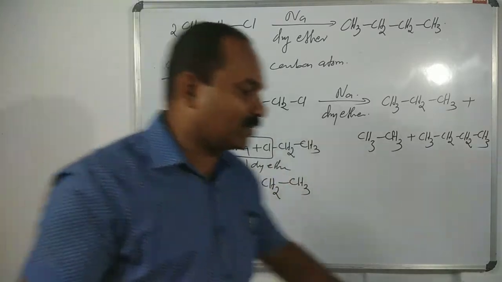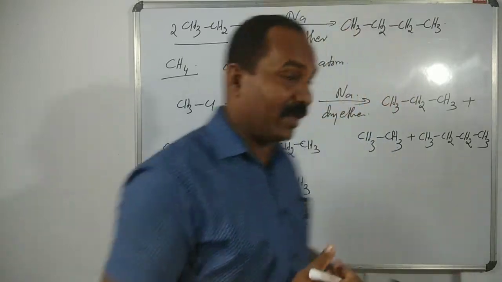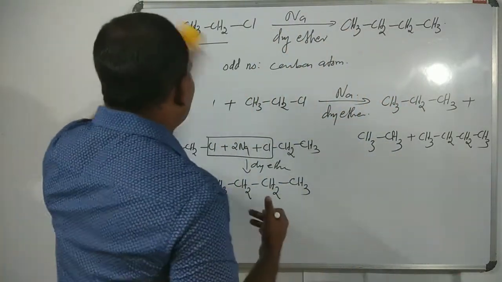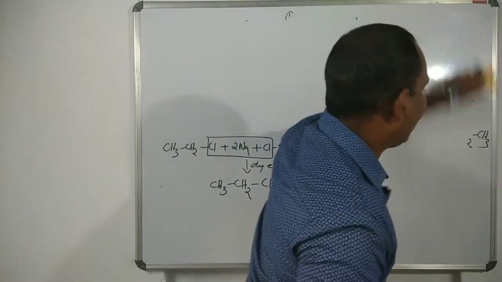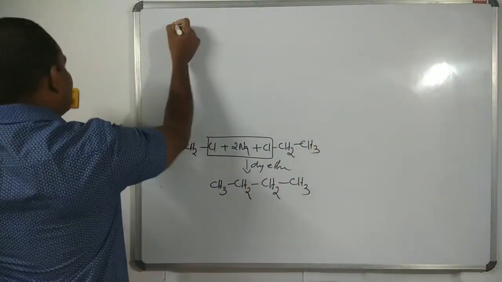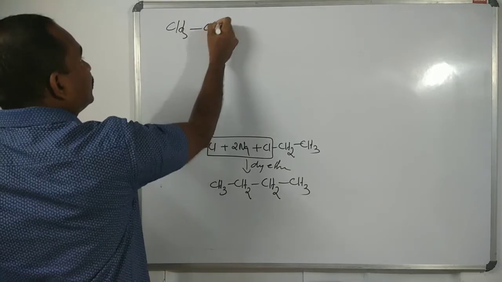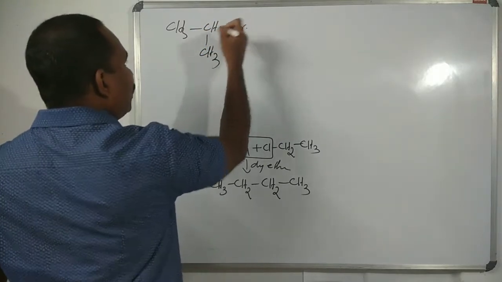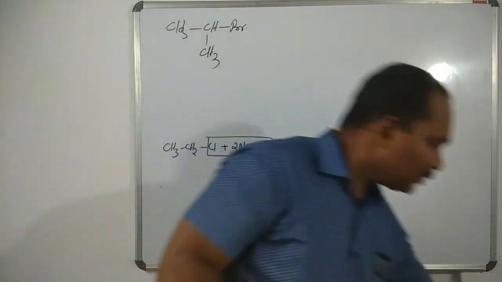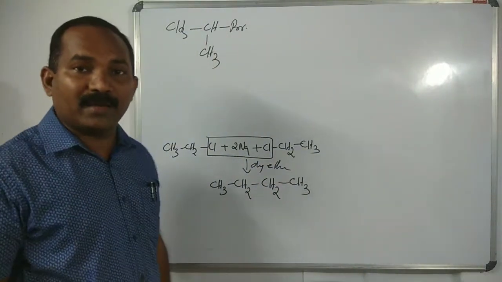To understand this, I explain one more example: isopropyl bromide, (CH3)2CHBr.